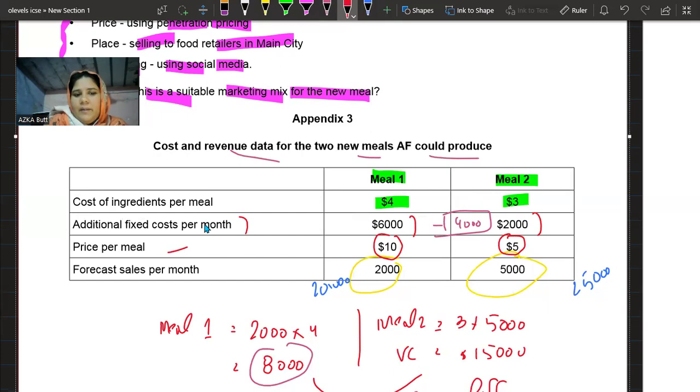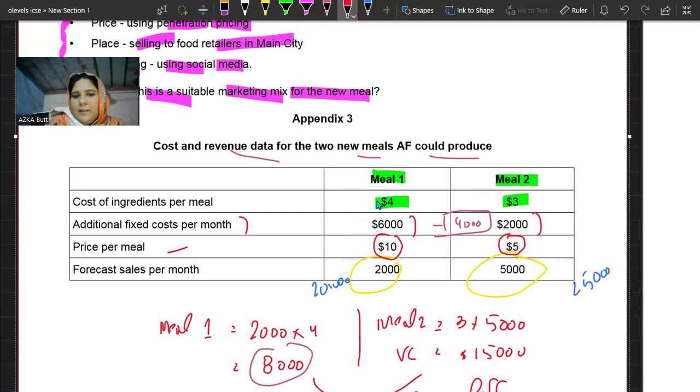If we talk about fixed cost, maybe we should select meal two because meal one has a high fixed cost. That means meal two is basically perfect because its additional cost is only 2000 and the price of meal one is $10.